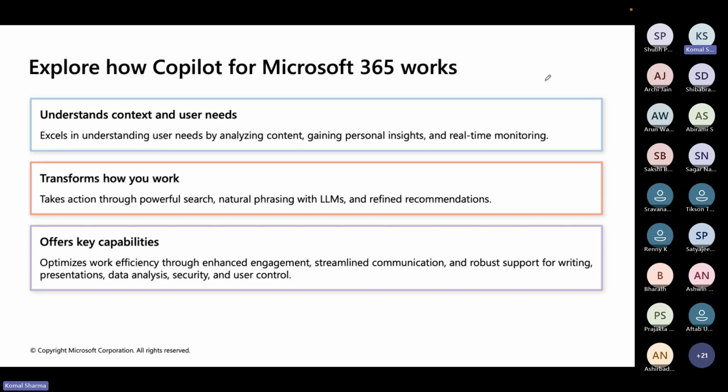Now, when I am interacting with Copilot, I need to make Copilot understand my requirement. What is my context? Why do I need it? So you can mention, I am a trainer. This is a document, and I want you to help me summarize it.